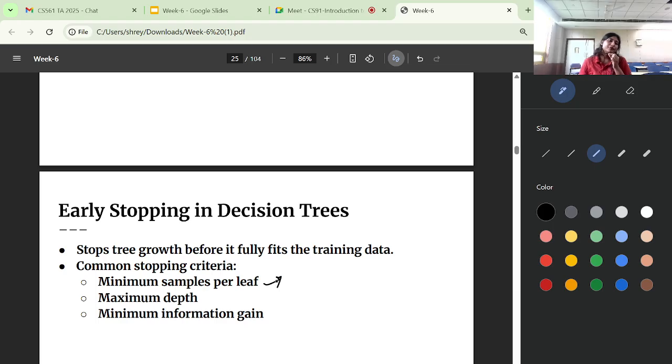So let's say you are defining some rules and this is your feature, and at this feature you are going to split. For this split you can have, as I have told you, 99% and 1%. Now you have to stop, because at this leaf the number of samples is not meeting the criteria.